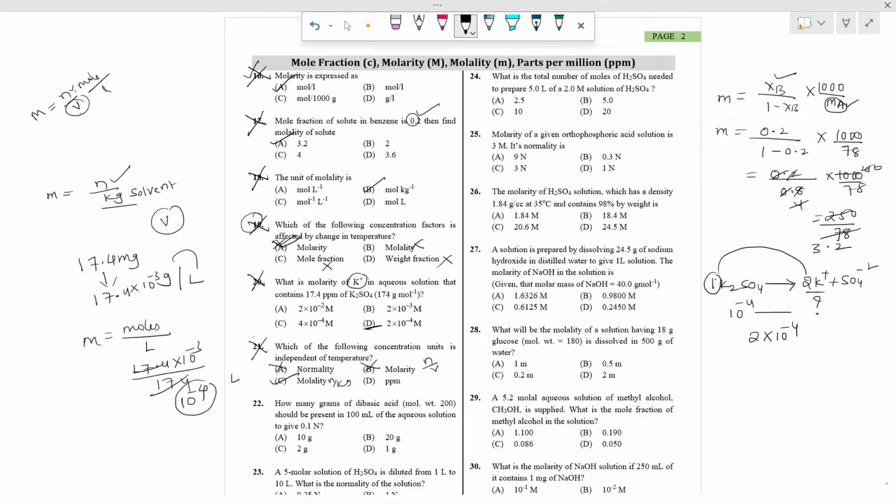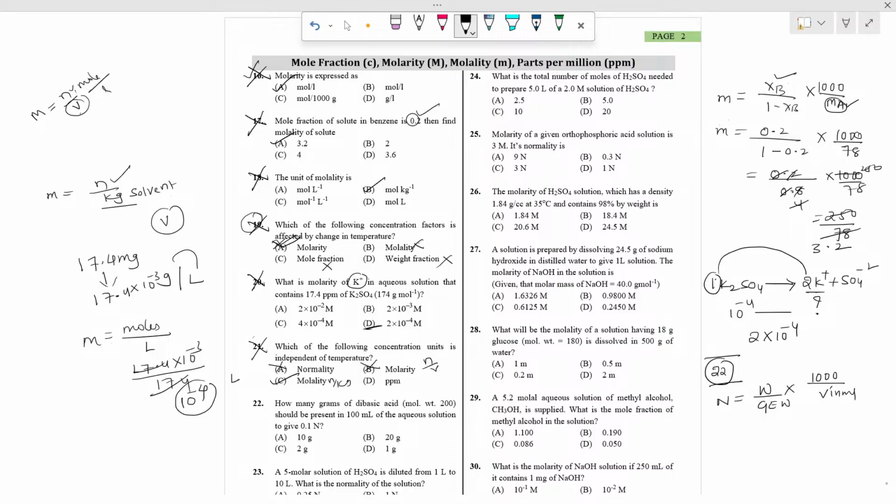So just write the formula of normality, then you can understand easily. So I am solving question number 22 here. What is the formula for normality? Normality is equal to weight upon gram equivalent weight, into 1000 upon V in ml. So this is the normality formula.